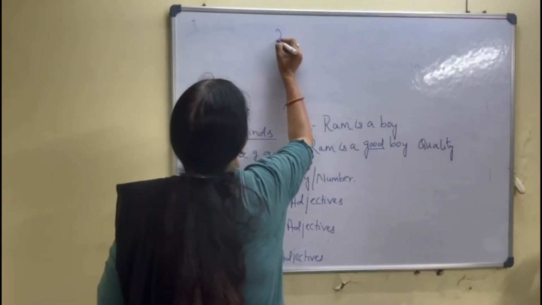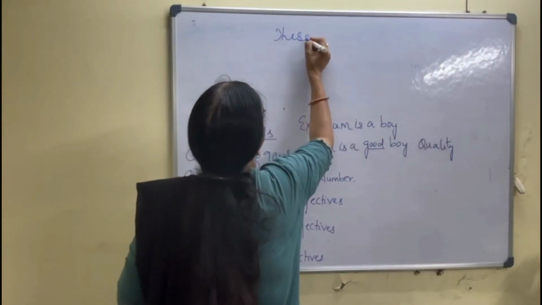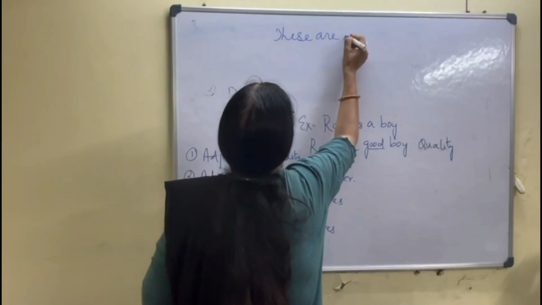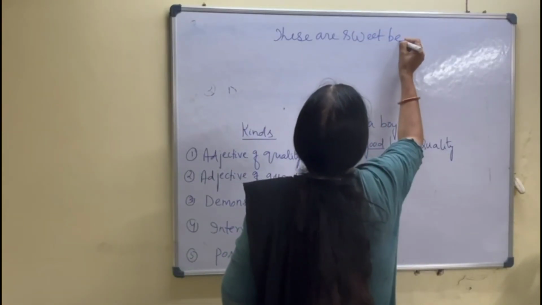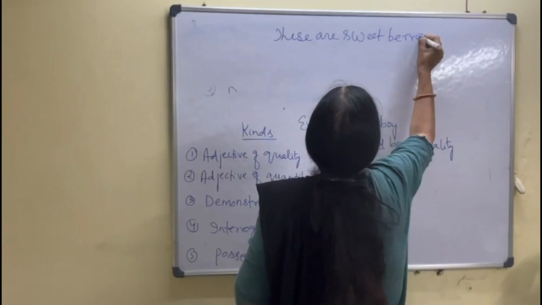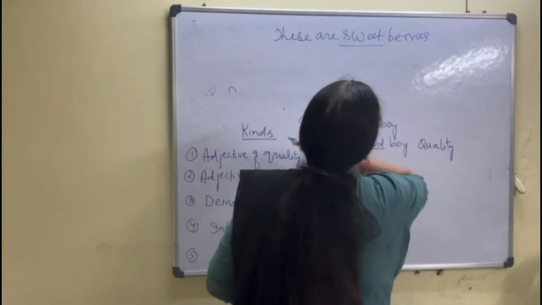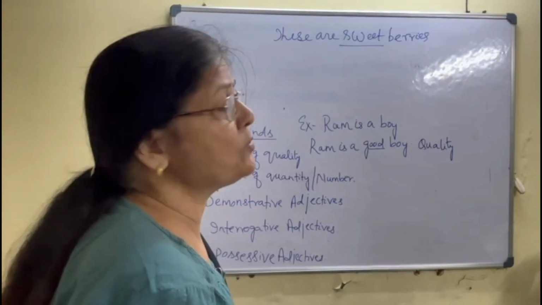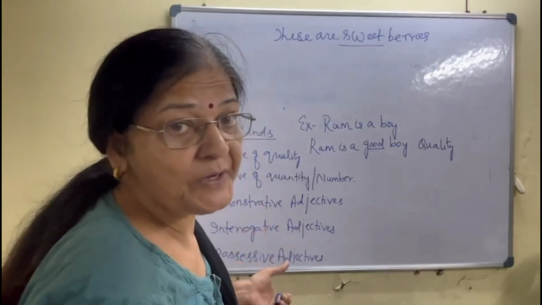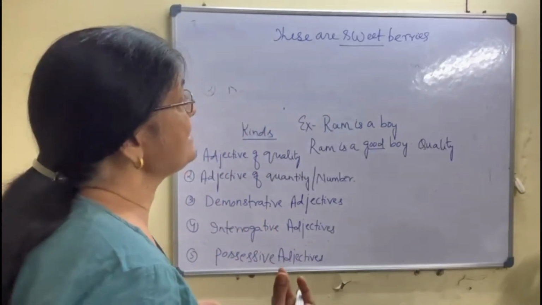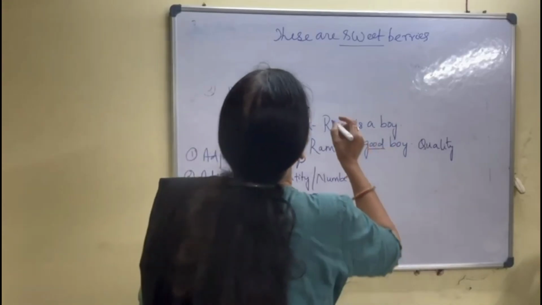For example, these are sweet berries. Now, the word sweet here describes the noun berries, which are very sweet. बेर कैसे हैं? बेर मीठे हैं.